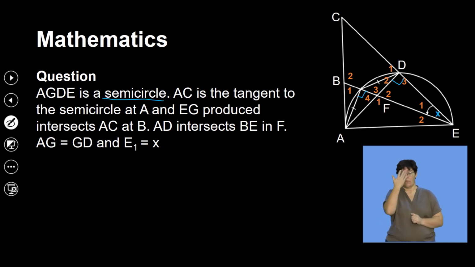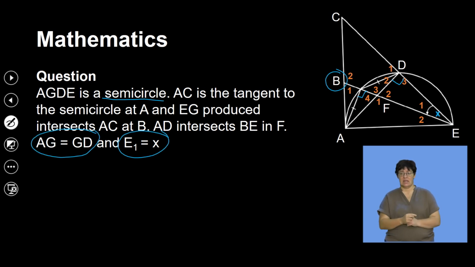And then I know that I have a tangent as well that introduces the tangent chord theorem. And EG produced intersects AC at B, there is my B there, and AD intersects that BE in F. And then lastly, they tell me that AG is equal to GD and E1 is equal to X.